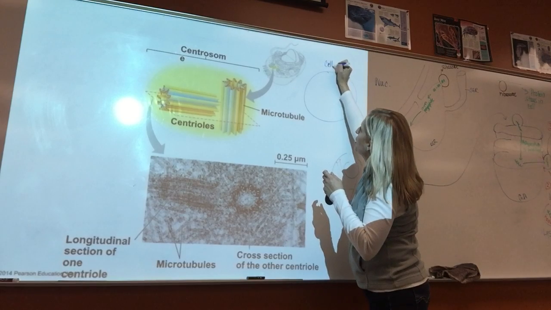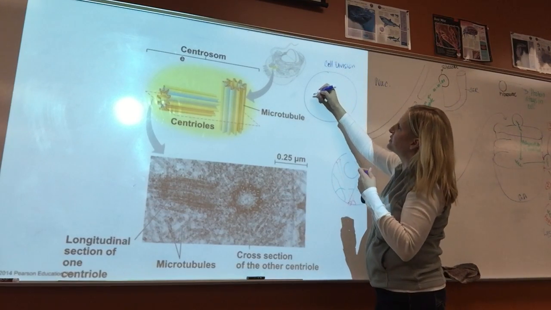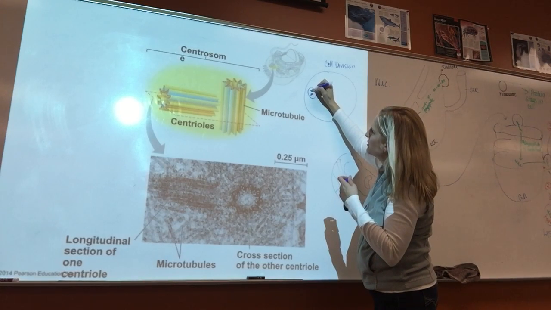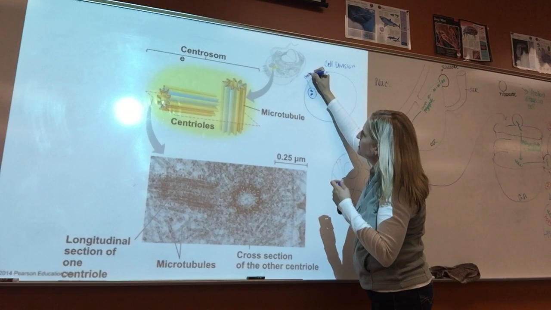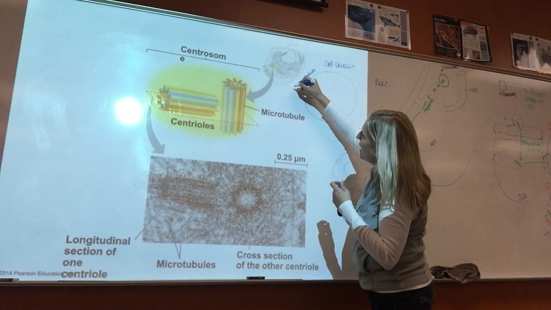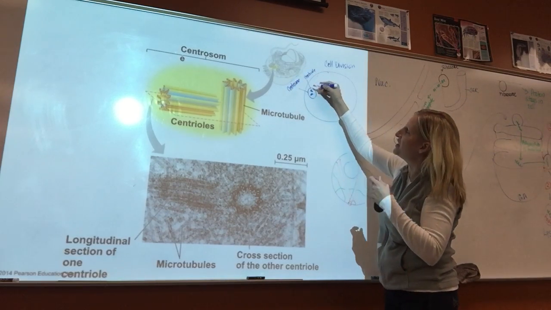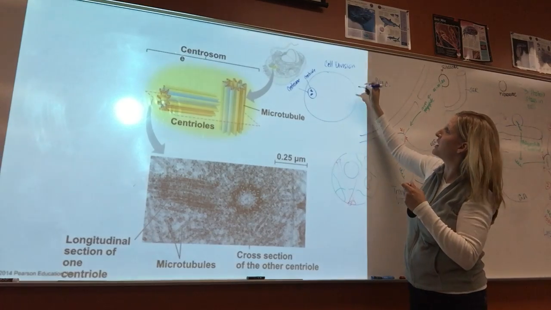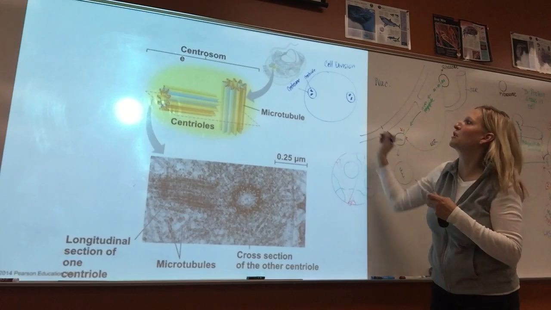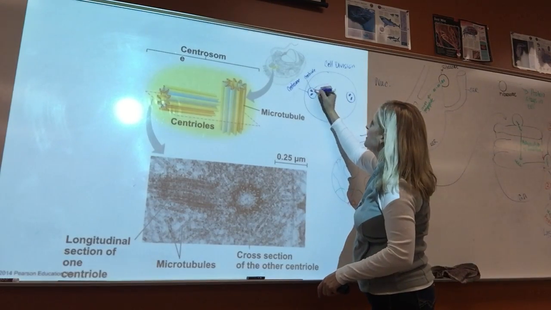So when it's preparing for cell division, the cell has a centrosome region, and I'm just going to put these darker spots as the centrioles. This guy is the centrosome. When it gets ready for cell division, it divides and makes another whole centrosome, and that centrosome goes to the opposite side of the cell. So I'm only going to label it there. And then guess what grows from the centrioles?